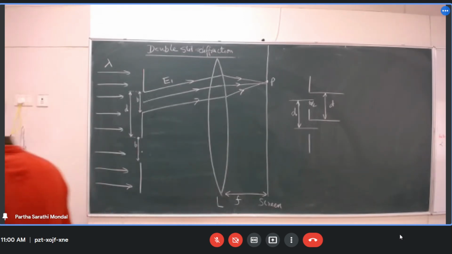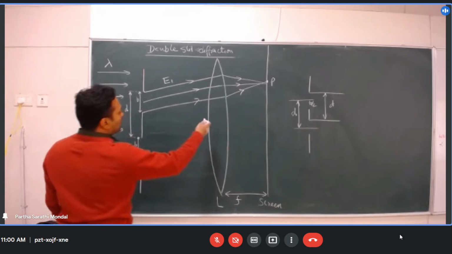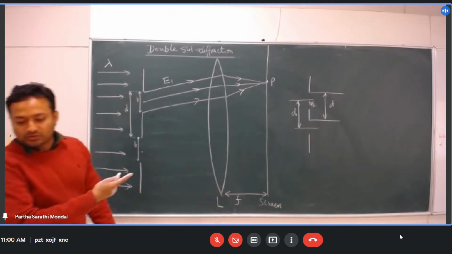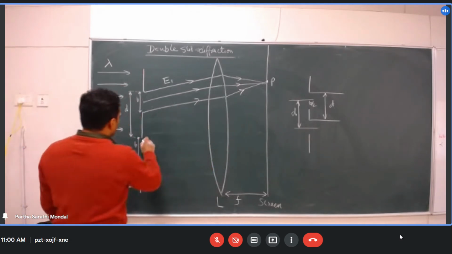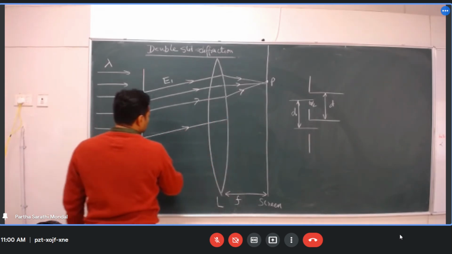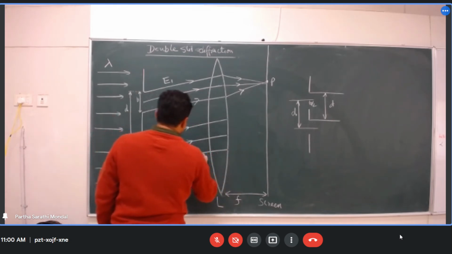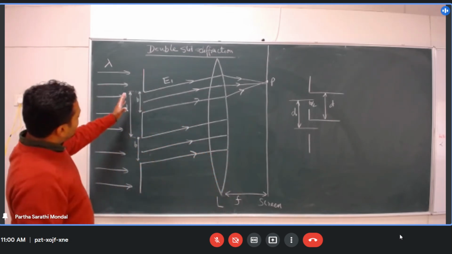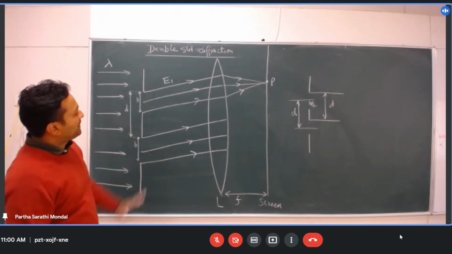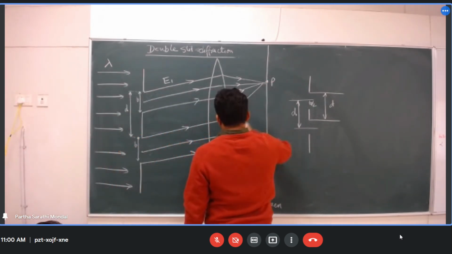So now from this slit also I will draw three lines, and they will go from here to there. Let's say this is E2. Because they are parallel beams, this line will also be parallel, and they will also meet here.